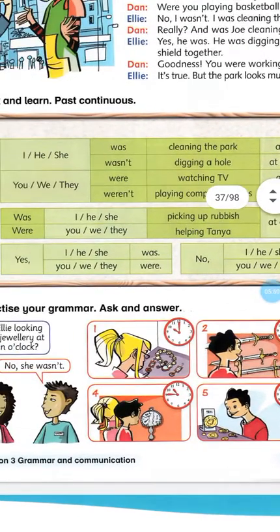Be careful that the past continuous verb form with I is was, and the past continuous verb form with you is were plus verb with ing.